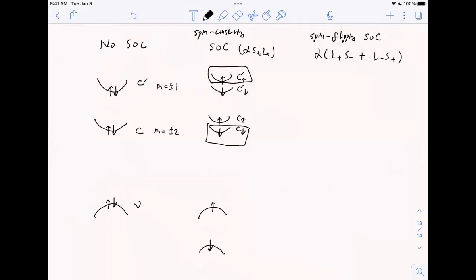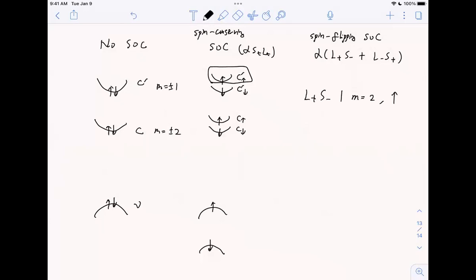So these two will not be coupled, because they have the same M. In order to make this term happen, for example, you have M equal to 2 and the spin up.